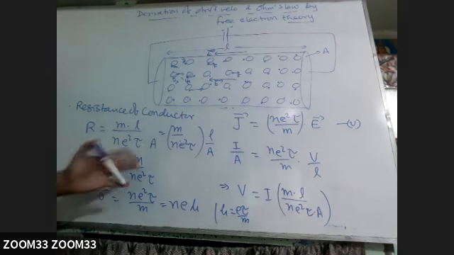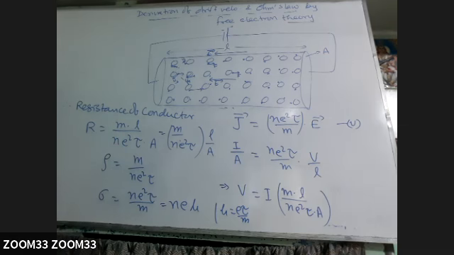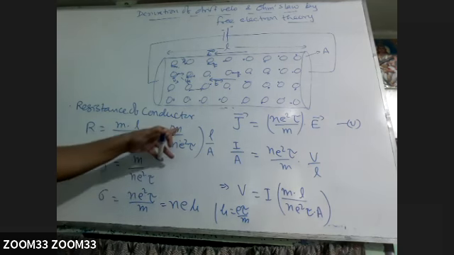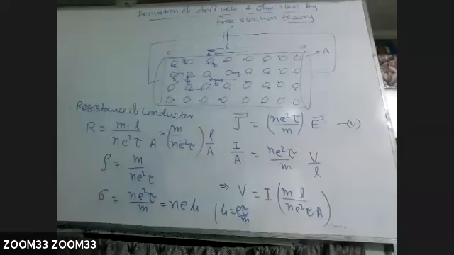So these are the different relations which we have already derived, which we knew from before, but the new thing is that we have derived them now in terms of mass of electron, charge of electron, and relaxation time. And we can explain the dependence of R and rho on temperature on the basis of this expression only.